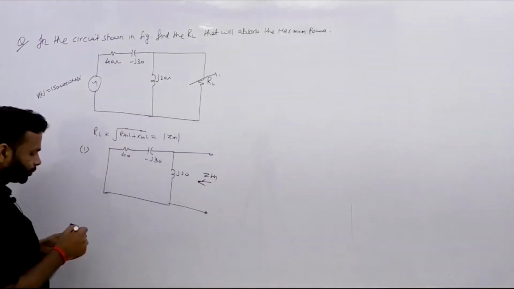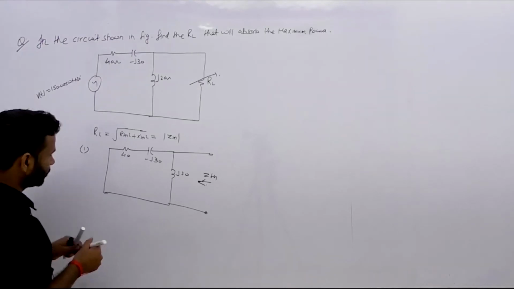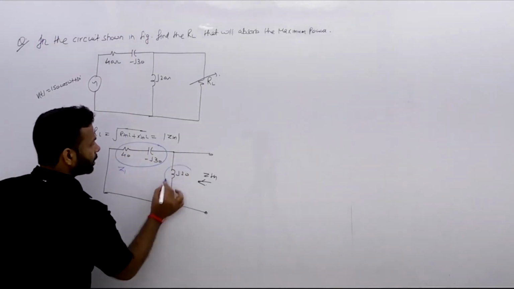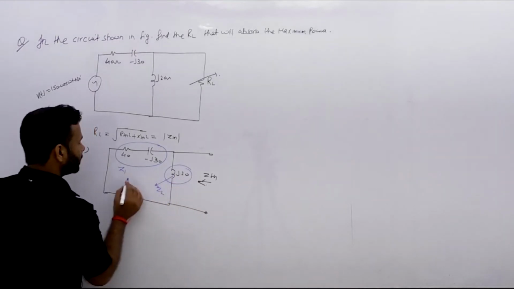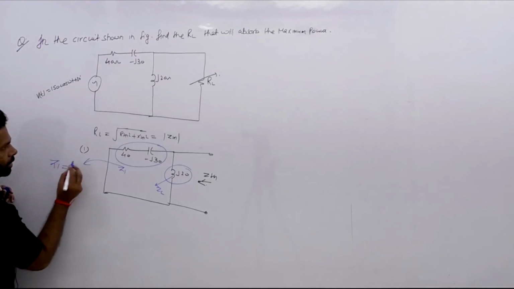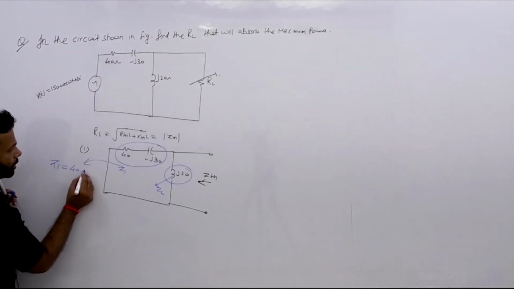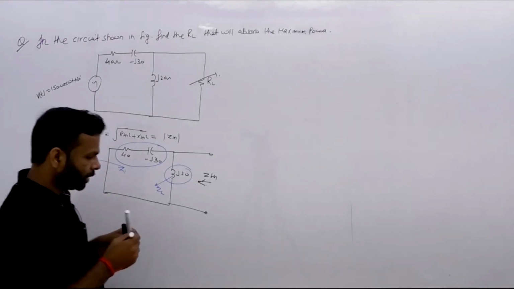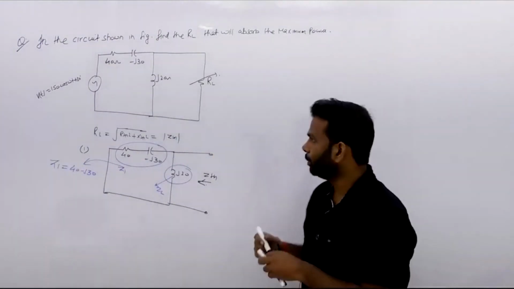Now let this be Z1 and this be Z2. Z1 is 40 minus j30, because these are in series. So what is your ZTH? If you see, both are in parallel.